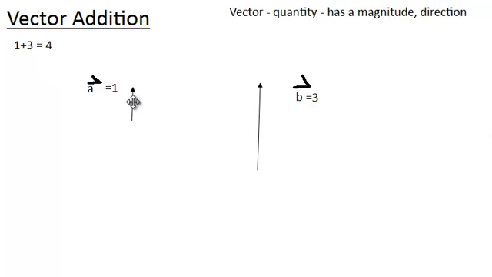Now, how do we add vector A to vector B? How do we do that? Very simple. The rule for addition, I'm going to write it down here.